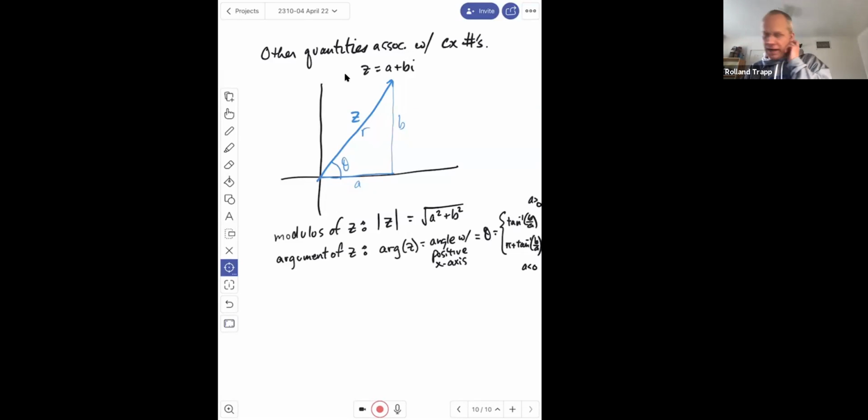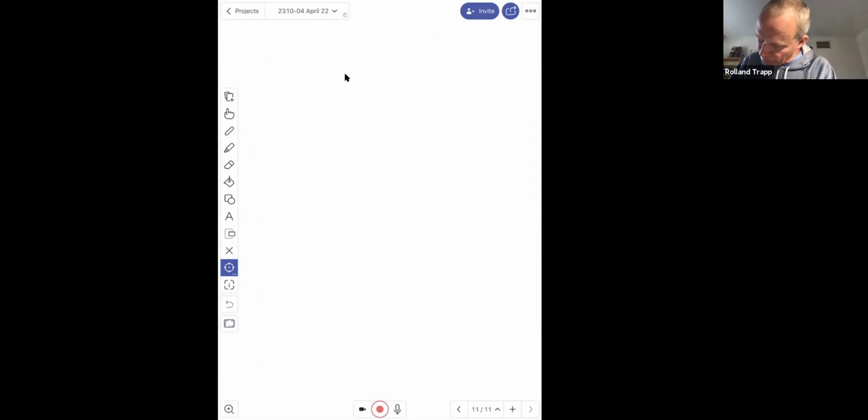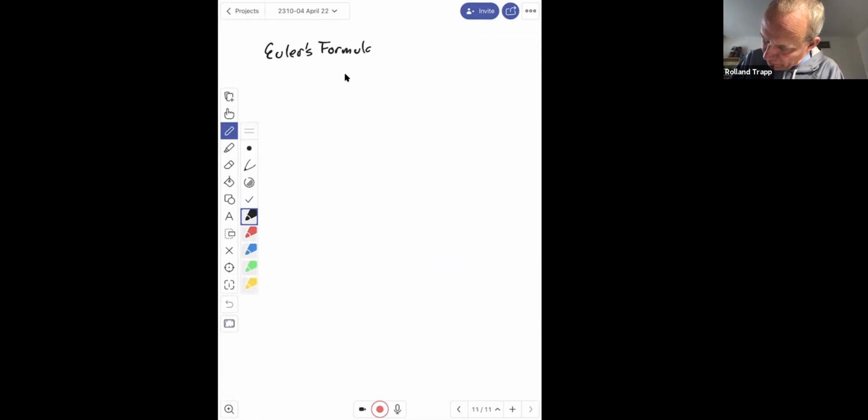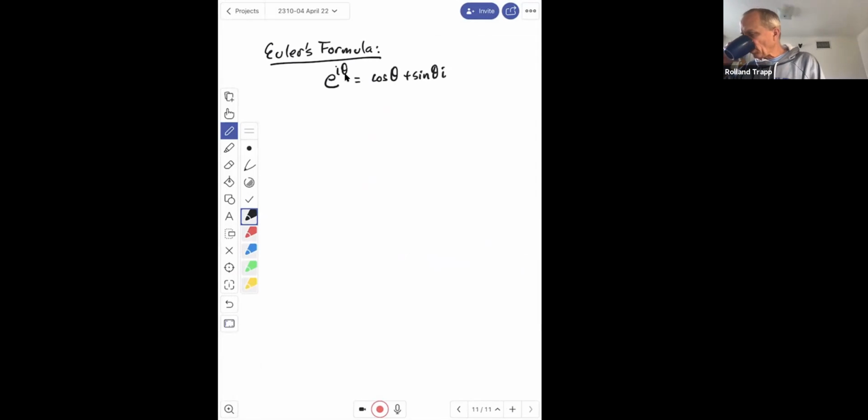And actually, before that, I might even talk about Euler's formula. So this is a big deal. Euler's formula says that e to the i theta is equal to cosine theta plus sine theta times i. There are several ways to convince you that this should be the right definition.